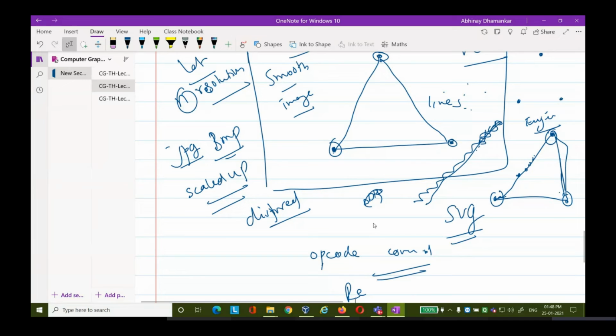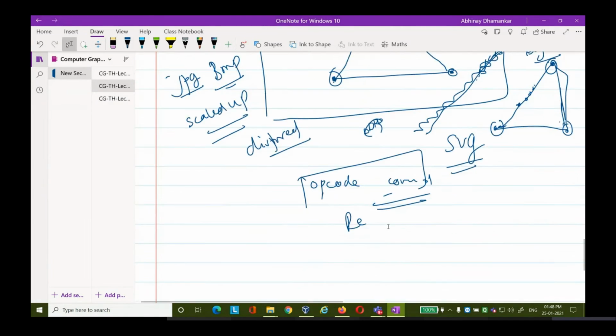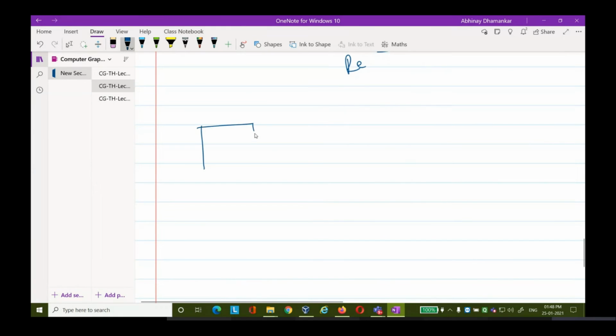Related information means कहाँ से क्या करना है, कौन सा कमांड फायर करना है. And now this display file, sorry, I will redraw it again, because this display file will be given as input.